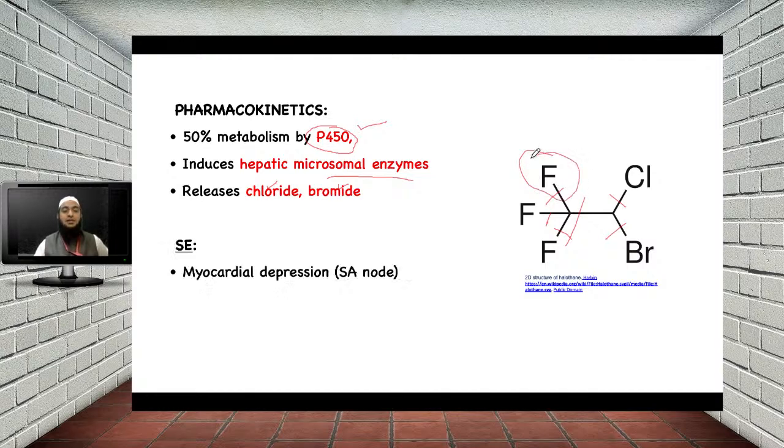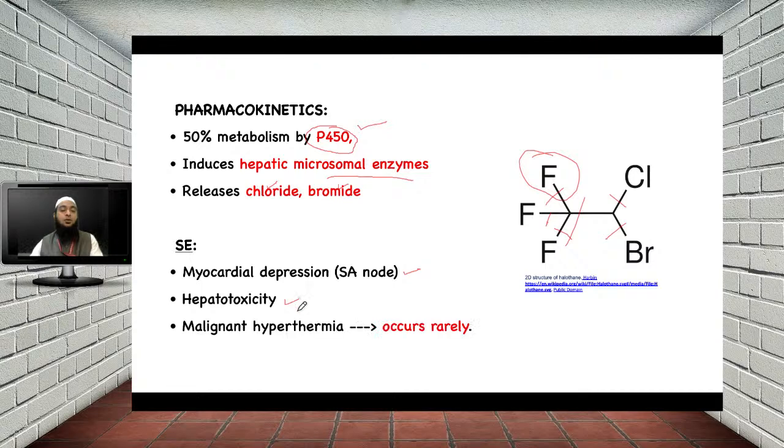Okay, so what are the side effects? Since these halogens are released, it is going to affect your heart. It produces myocardial depression, especially depression of the SA node. It also affects the liver, producing hepatotoxicity, and it produces malignant hyperthermia, where the patient's body temperature suddenly increases.